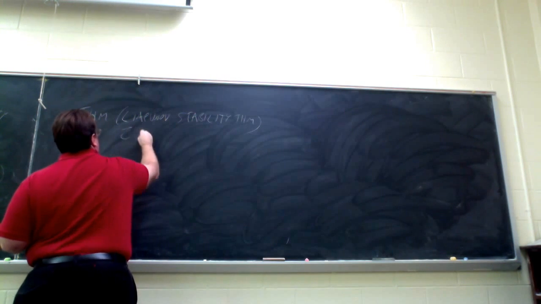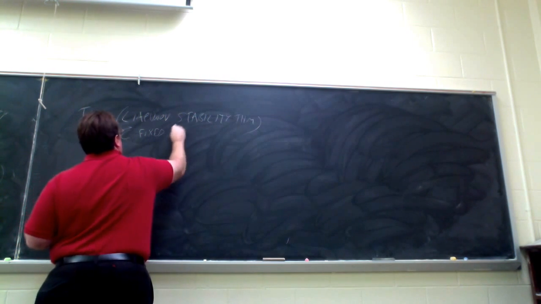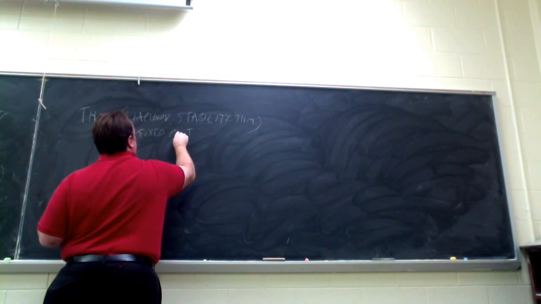So C is a fixed point. It could be hyperbolic or not, but we're only going to think of non-hyperbolic really, because if it was hyperbolic, we could do something else that's simpler.